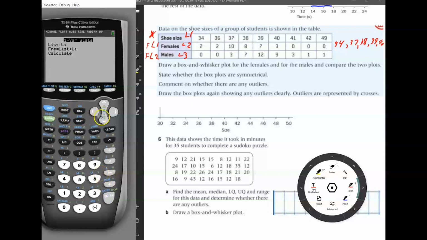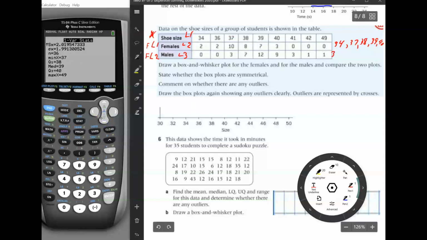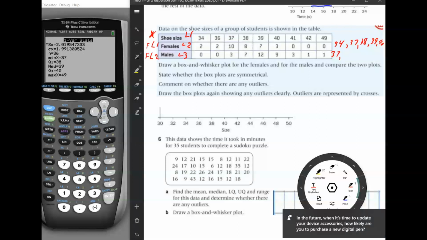So I put L1 for the list and I put L3 for the frequency. And then I put minimum 37, Q1 38, median 39, 40 for Q3, and 49 for maximum.